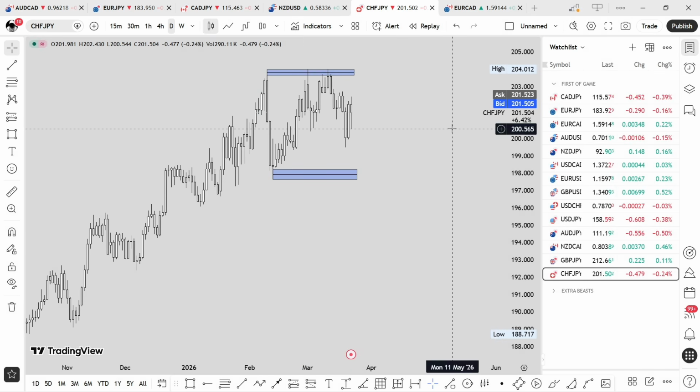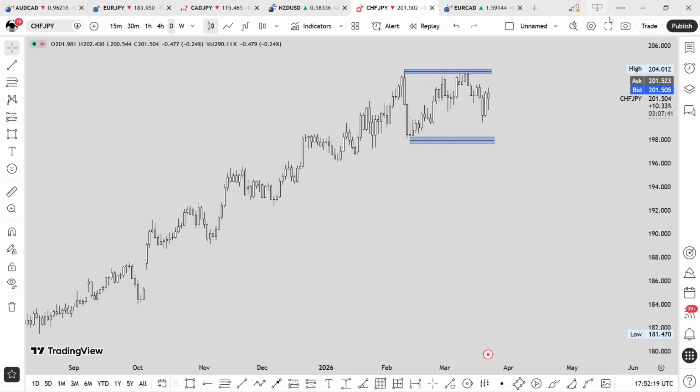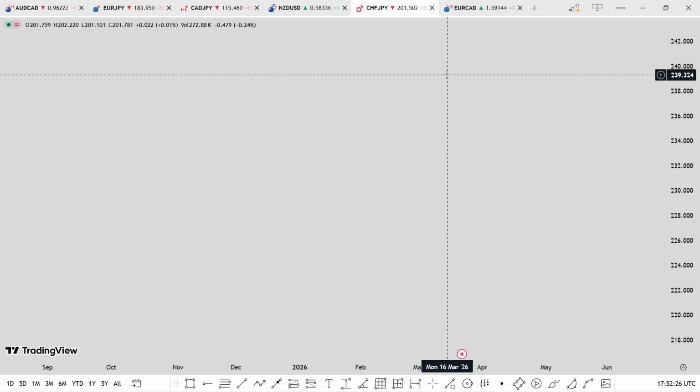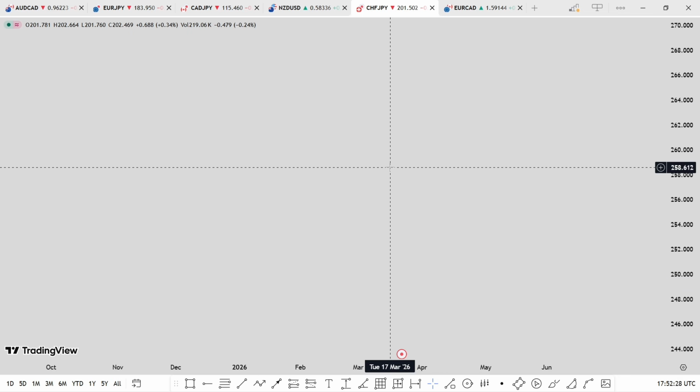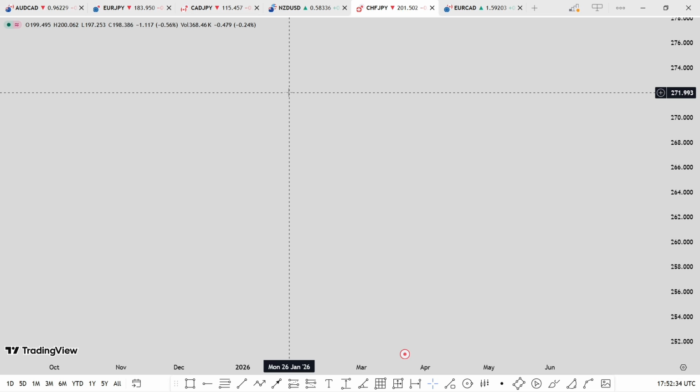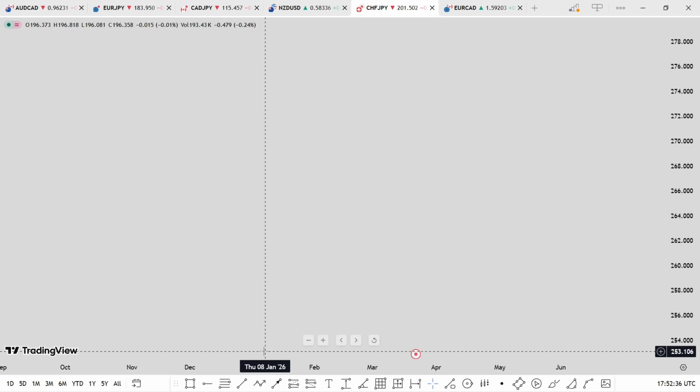So, this is going to be our first lesson on liquidity engineering, or engineering liquidity, which is simply the strategy that I trade. And it's a very simple strategy.